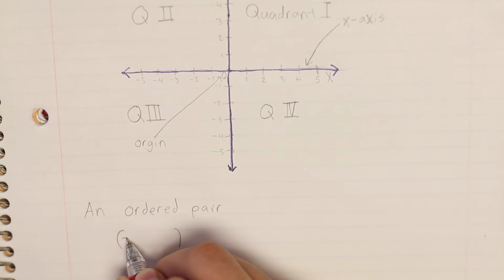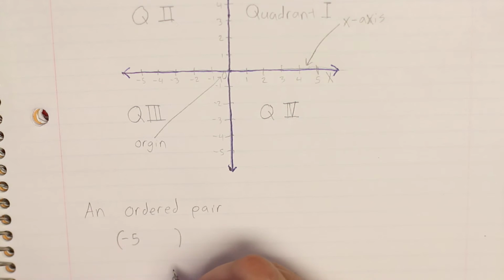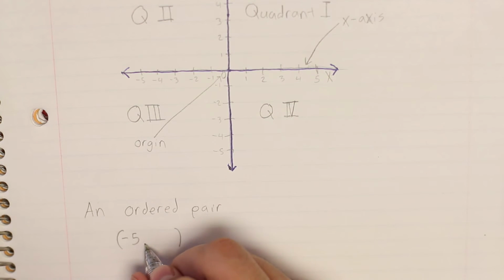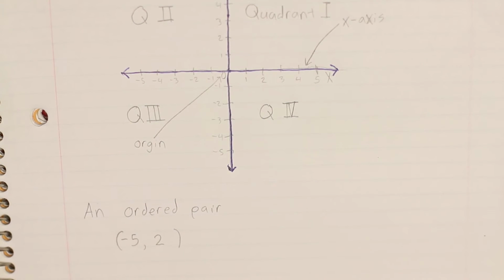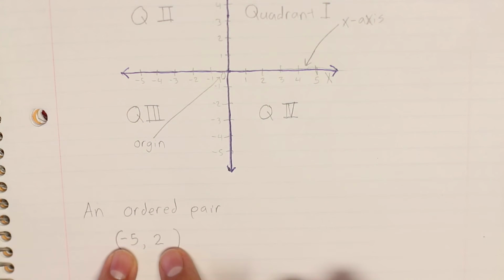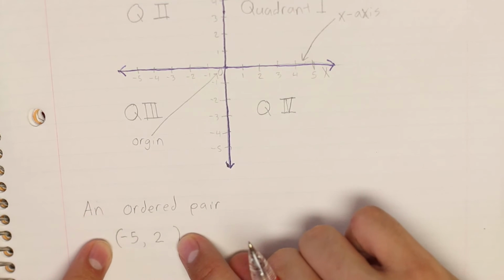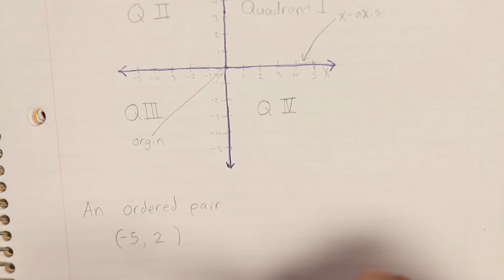So let's say we have -5, +2. This is an ordered pair. It is always going to be two numbers, and it is going to be inside parentheses. If you leave these parentheses off, you're doing it wrong.